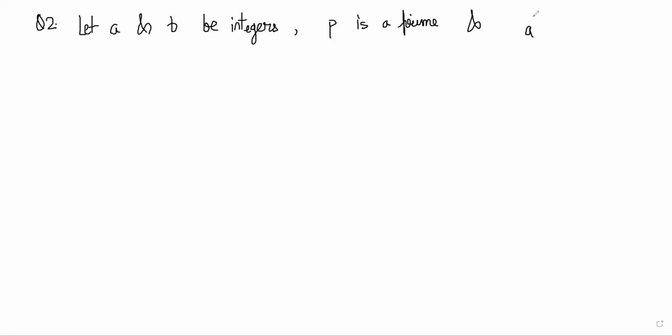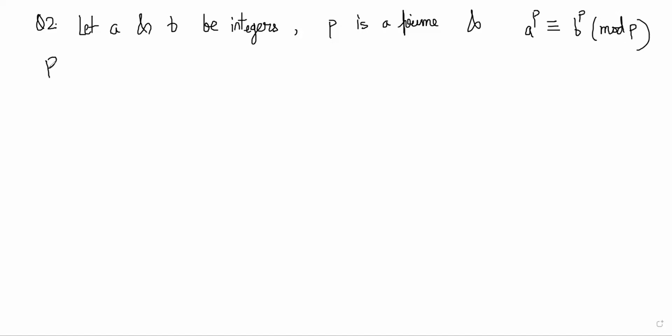This is question number 2. Here we have, let a and b be integers. P is a prime. And a power p is congruent to b power p mod p.